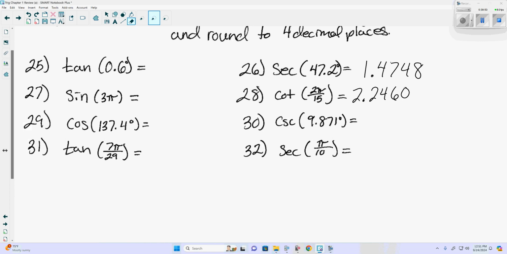But what we're plugging in is going to be either degrees or radians. Questions on this here? Cosecant's 1 over sine. Cotangent's 1 over tangent. Secant's 1 over cosine. Questions on this here?